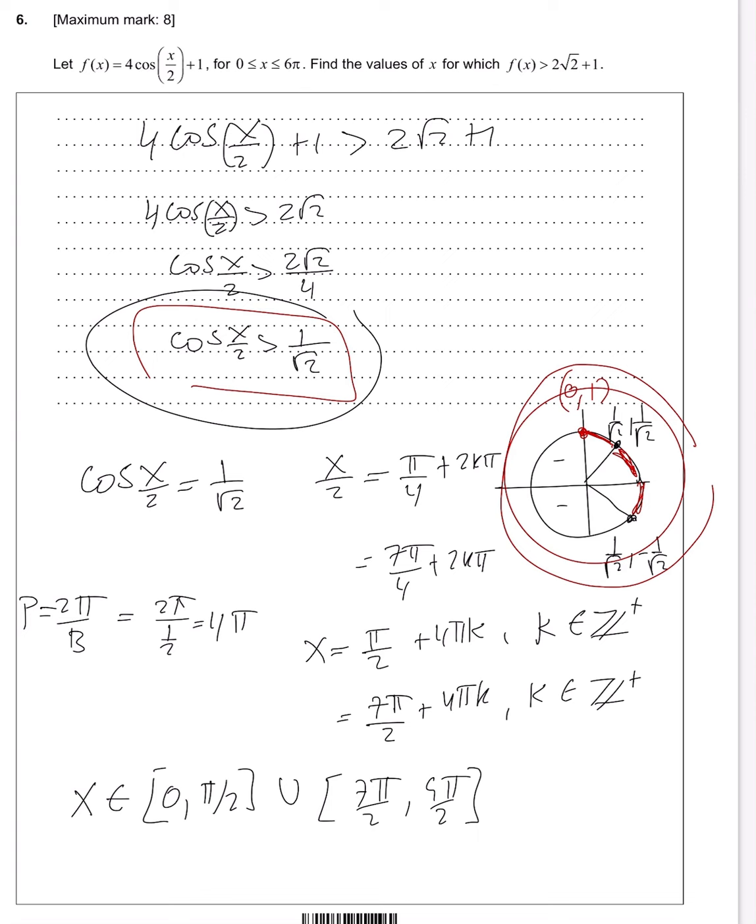And I think we would stop there, because afterwards, this gets me to, again, assuming now my period is 2 pi, this would be 0 to pi over 2 right here. Then this would be 7 pi over 2 to 8 pi over 2, which is 4 pi. Then 8 pi over 2 to 9 pi over 2. And then by the time I get here, I've done my 6 pi. If now it takes me 4 pi to go across.